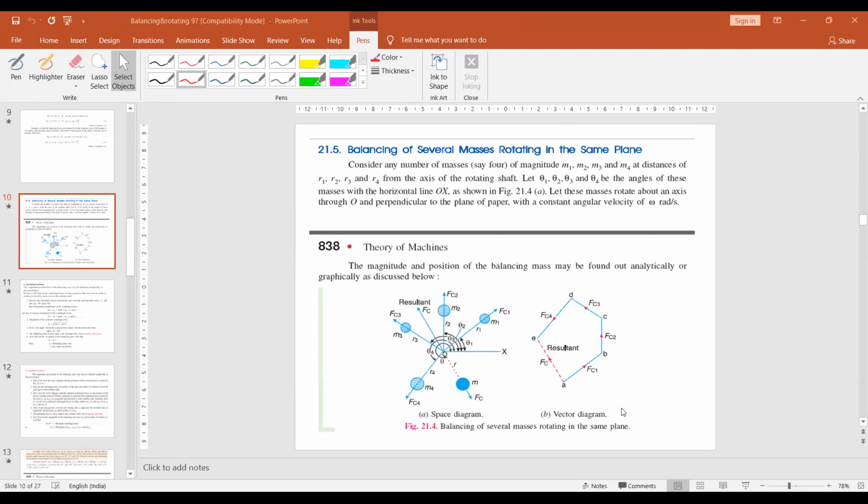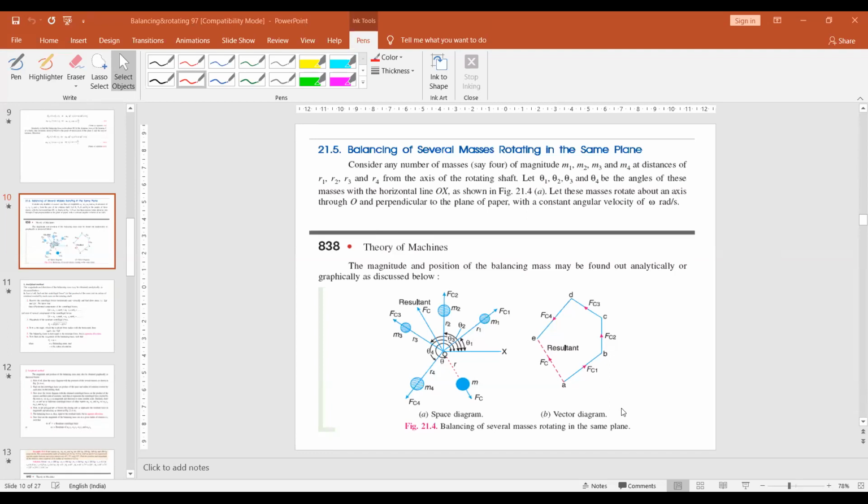We have four masses, and for each mass we find the centrifugal forces, FC1, FC2, FC3 and FC4. FC1 is known by the formula m omega square r, but here you just take the product m1 r1. No need to consider omega square.